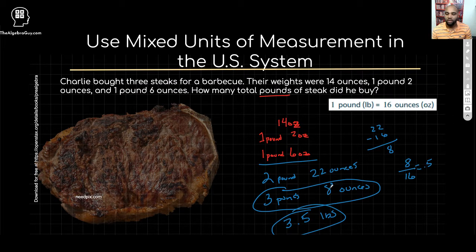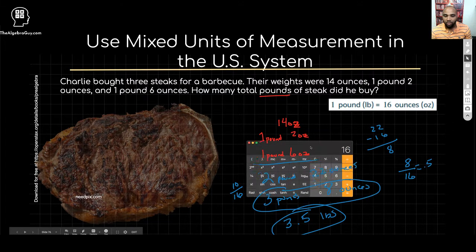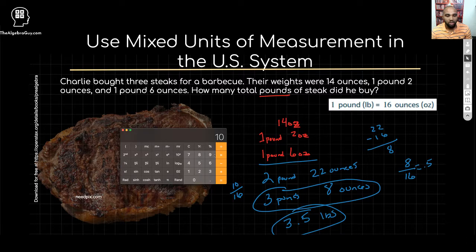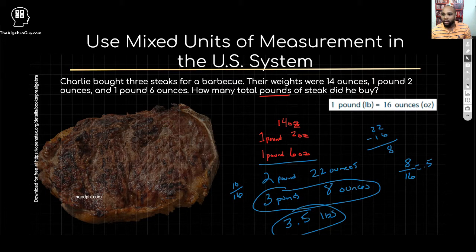So if that was a number that's kind of off, like 10, you could just take out your calculator and divide those two. So let's say if it was 10, we could just divide it with our calculator and say 10 divided by 16. And that'd be 3.625. So just know that if you got a different number, but that worked out perfectly, that was half.